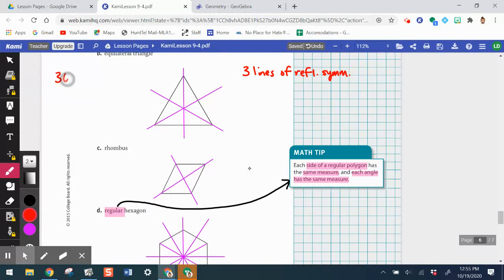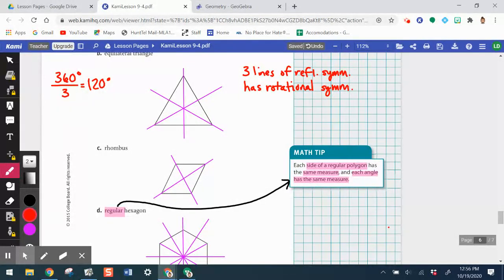So 360 degrees divided by 3, we get 120 degrees. Because this number is less than 360 degrees, we are suggesting it does in fact have rotational symmetry. And they asked us, if it does have rotational symmetry, what is the angle of rotational symmetry?